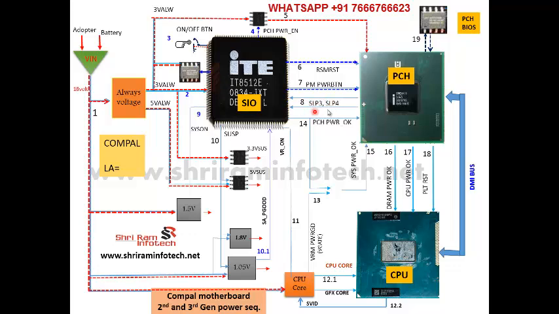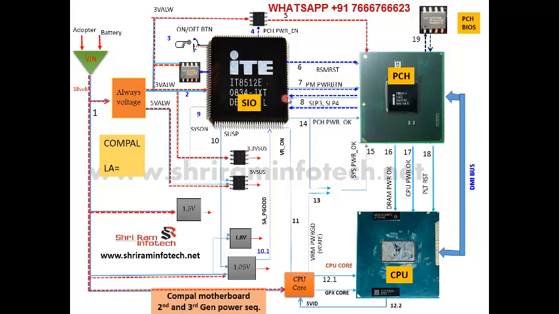These are the two wake up signals, called sleep mode 3 and sleep mode 4. If these signals do not come from the PCH, then the PCH is bad. Now these two signals are the confirmation signals to the SIO to turn on all voltages.